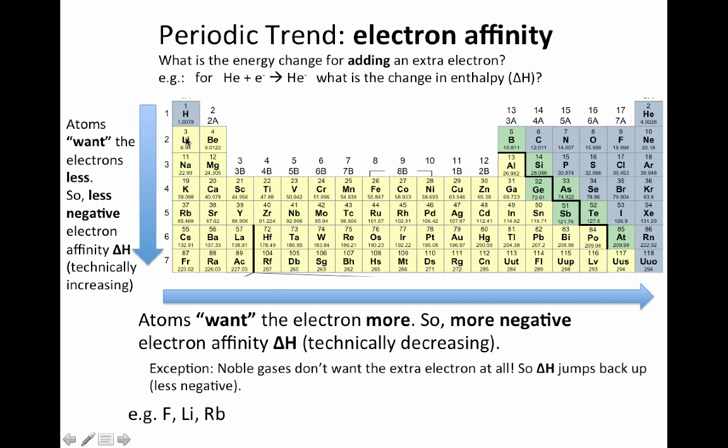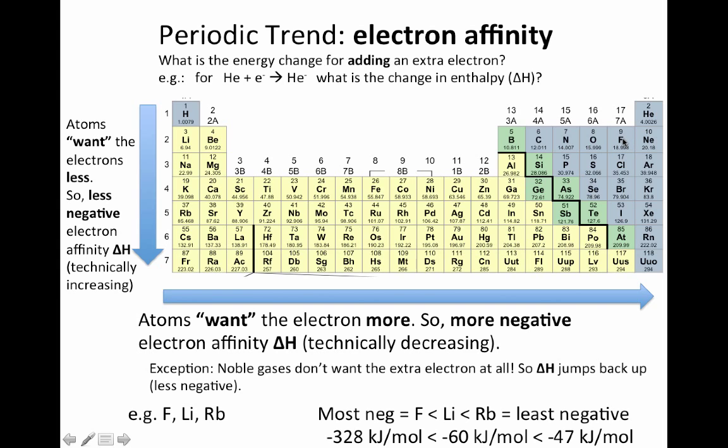Lithium will want it more than that because at least it's closer in the shell. Fluorine will want it more than lithium because it's further to the right with more protons. So the most negative, the one that wants it the most, will be the fluorine, then the lithium, and then the rubidium will be the least negative.